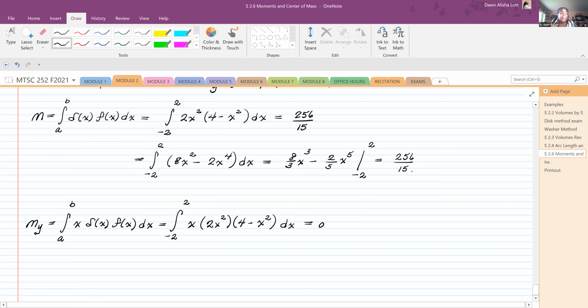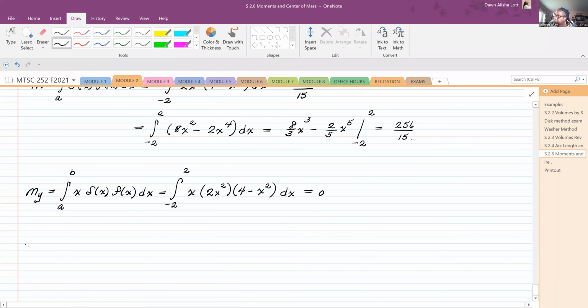Okay, and then we now need to compute Mx. That's the integral from a to b of delta of x times f of x squared. I forgot my 1/2, I need that, dx.